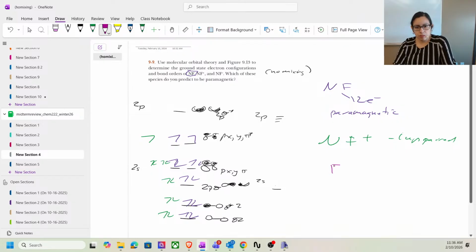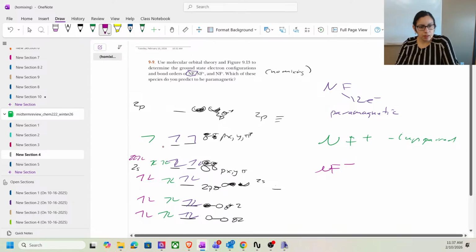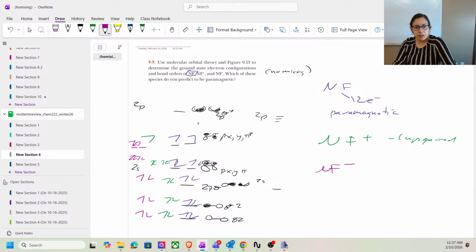So now we'll do NF minus. Oops, sorry. So 1, 2, 3, 4, 5, 6, 7, 8, 9, 10, then 11, 12, and these would be paired. So it still has 1 unpaired in our pi antibonding.